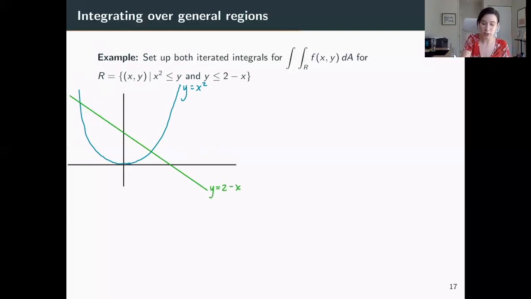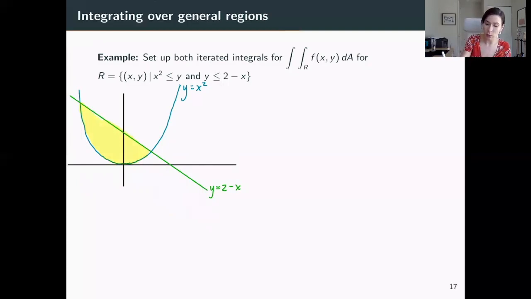According to the information here, I'm looking for y values bigger than x squared. So I'm looking for values above the parabola, but I'm also looking for y values underneath of the line. So in total, my region, R, is this region defined here.